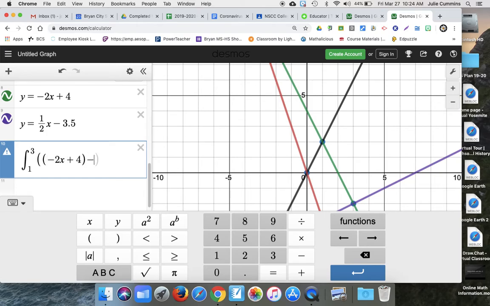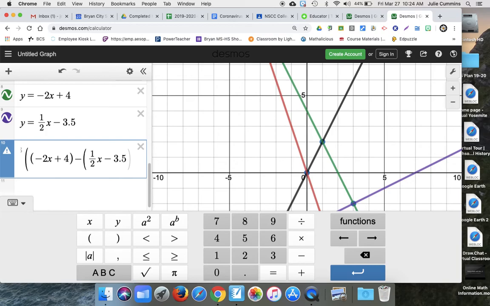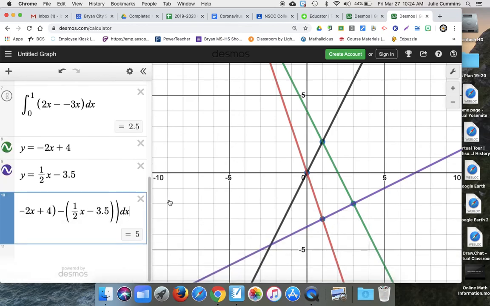Excuse me. And the bottom curve is the purple one, 1/2 x minus 3.5, dx. And the area there is 5. So we found that the area of this section over here was 2.5. The area of this section was 5. So the total area of that little quadrilateral we were looking at is 7.5.